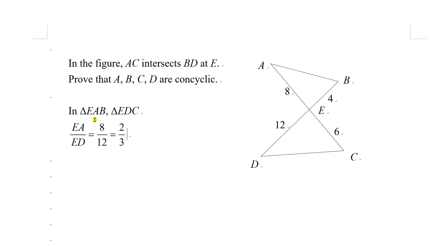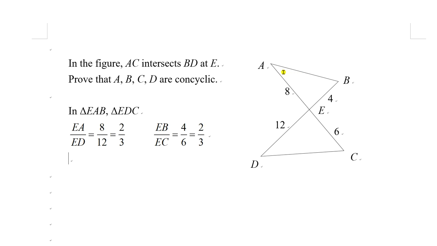Similarly, we can check another pair, that is EB. When you look at the position of the letters, it is 1, 3. So in the other triangle, you also look at the letters in the order 1, 3. That's EC. So EB over EC, that is 4 over 6, also equals 2 over 3.